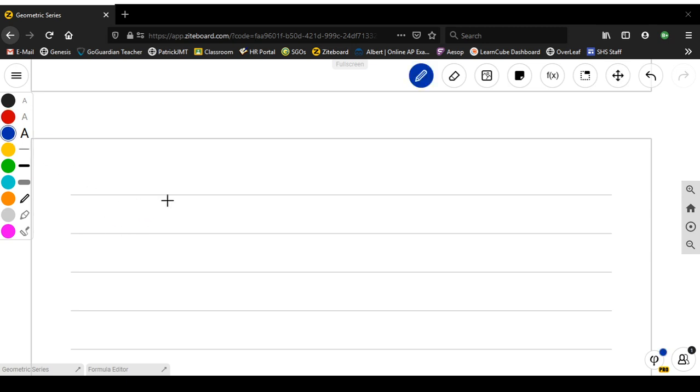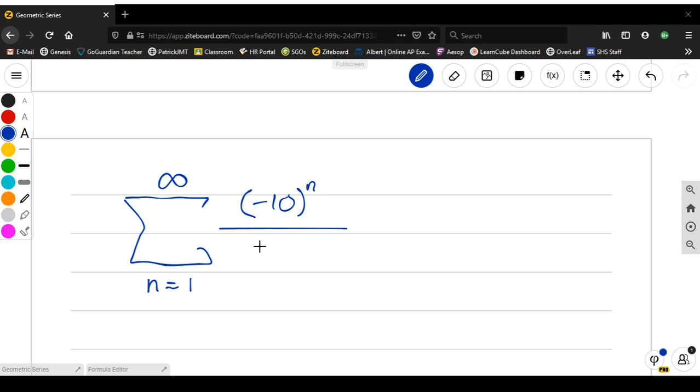Let's say we have the series as n equals 1 to infinity, and this is going to be negative 10 to the nth all over 4 to the 2n plus 1 times n plus 1. All right, and I'm going to apply the ratio test to this.